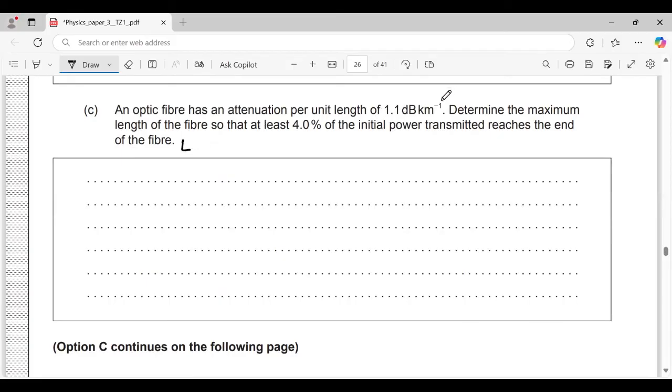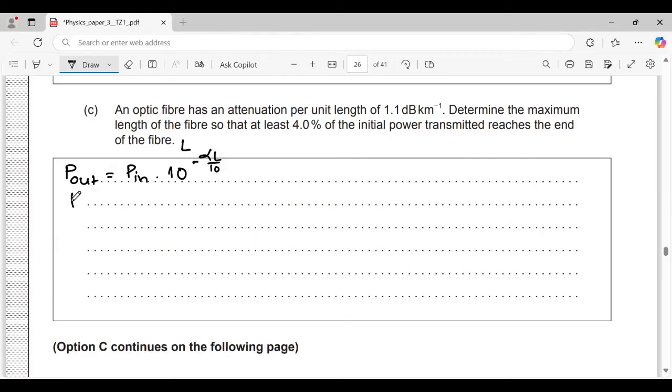1.1 decibel per kilometer is the attenuation for an optic fiber, right? The formula for attenuation of light in optical fibers, we can use this formula: P out equals P in times 10 power minus alpha L over 10.